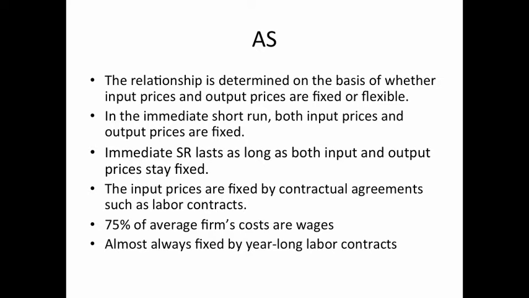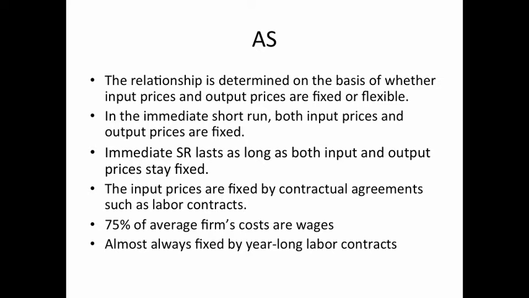How long does it last? Well, we can't say. It could be days, weeks, months. There's no fixed time set in stone. What we know is that the immediate short run lasts as long as both input and output prices stay fixed. If that's true, we're in the immediate short run.